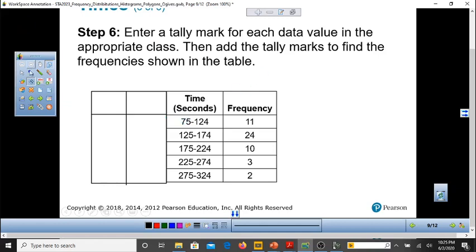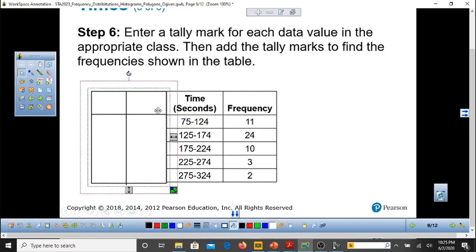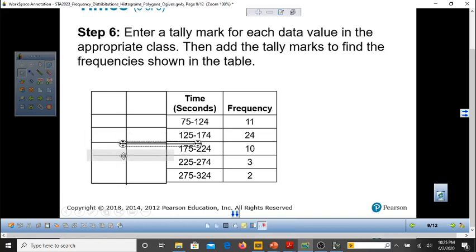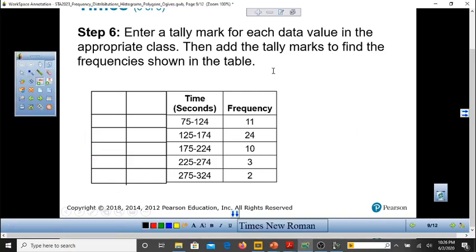So I'm going to go there and I'm going to take this and create my class. It's not going to be perfectly lined up, but this will be lined up enough for our purposes. All right, so what I'm going to do now is I am going to put in my class boundaries.